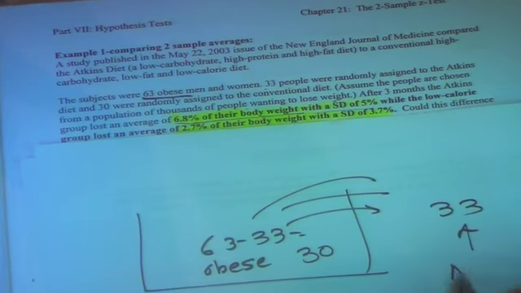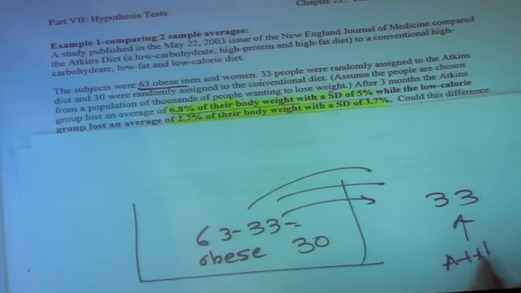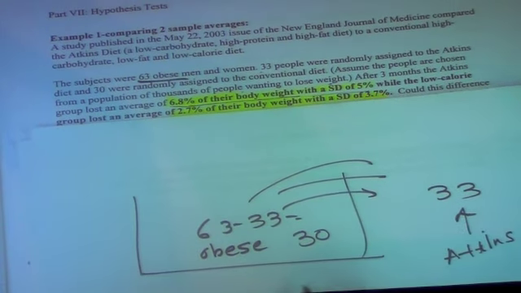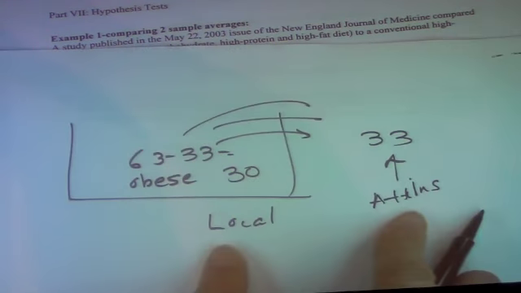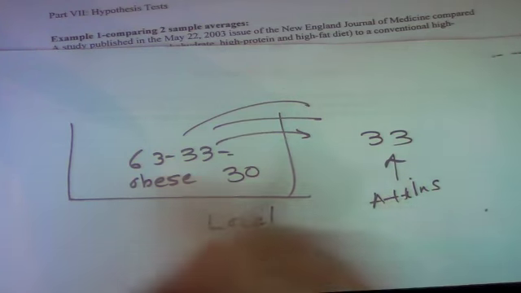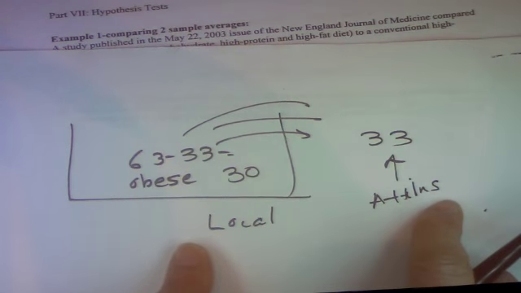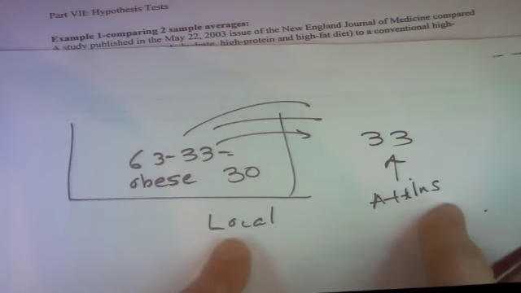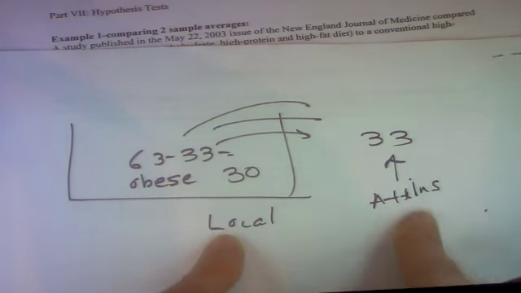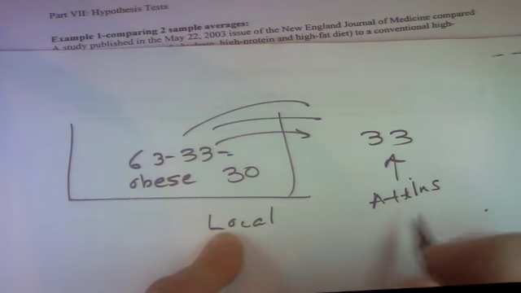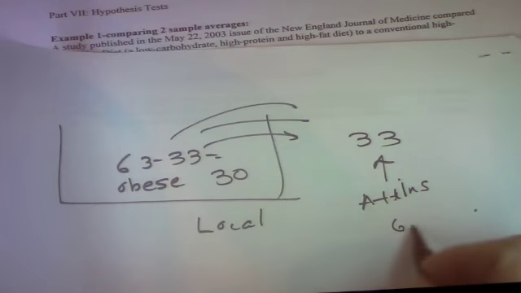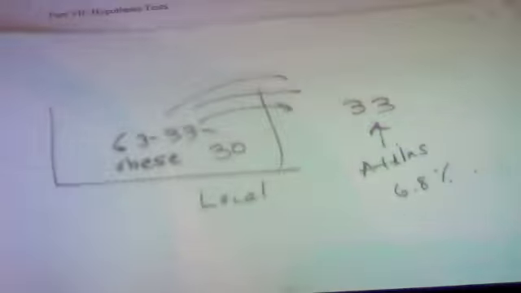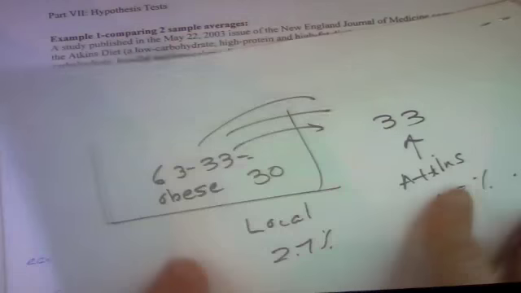And these can be your Atkins. And these can be your control. That's really the way we did it. And each time you did that, you'd get something different. So these were chosen by the luck of the draw. Then you look and you see that the Atkins people lost a lot more weight. They lost, I don't know, 6.8% of their weight, whereas these people only lost 2.7. You still have that same difference.